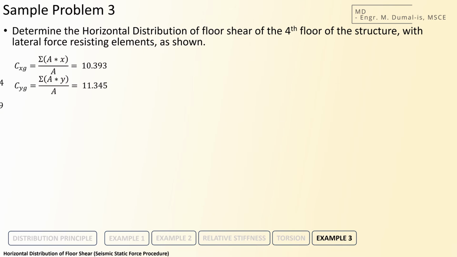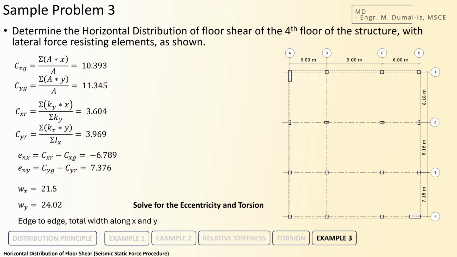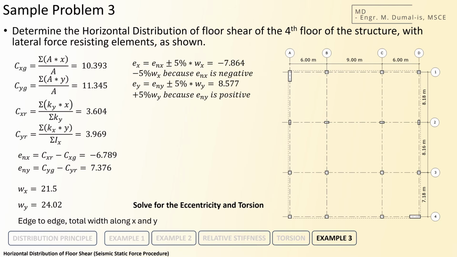With the center of rigidity, CR, and center of gravity, CG, now calculated, we move to determining natural eccentricity, the inherent offset between these 2 points. Next, we compute accidental eccentricities. We first measure the planned dimensions of the structure, edge to edge, in both x and y directions, and apply a 5% factor.